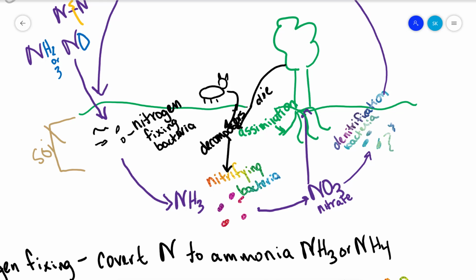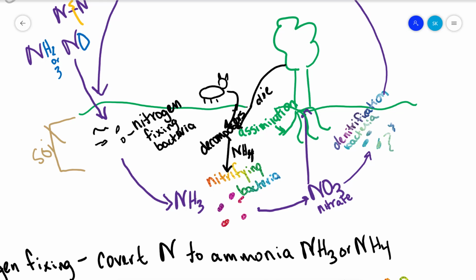So decomposers break them down, send the ammonia to the nitrifying bacteria, which is going to then put it into the cycle.